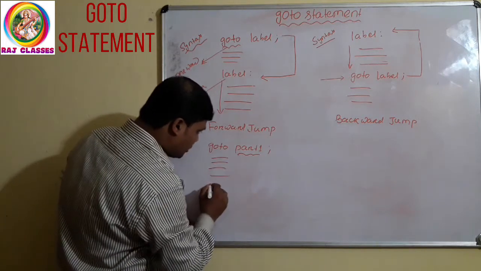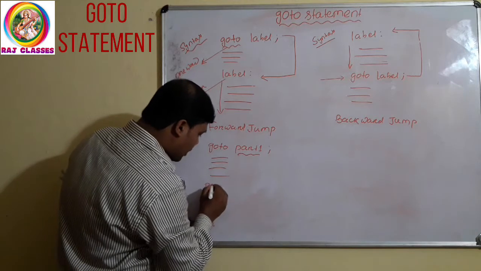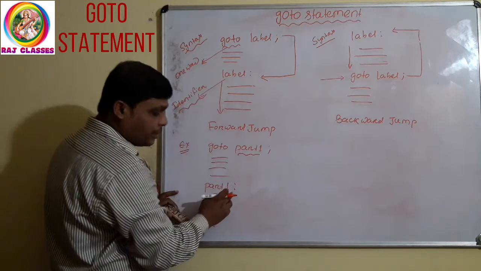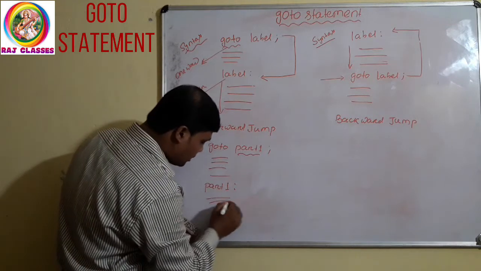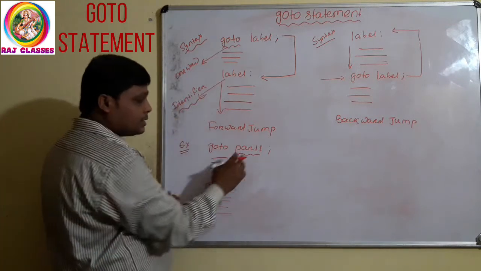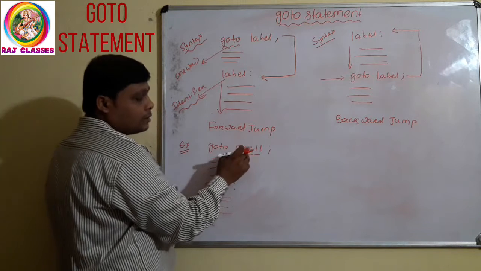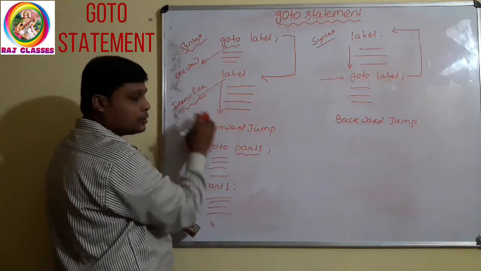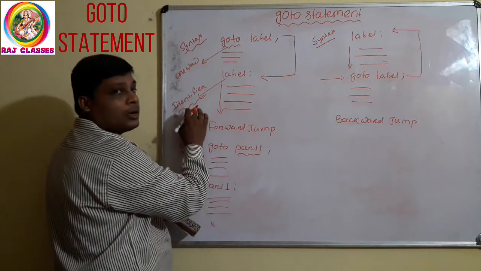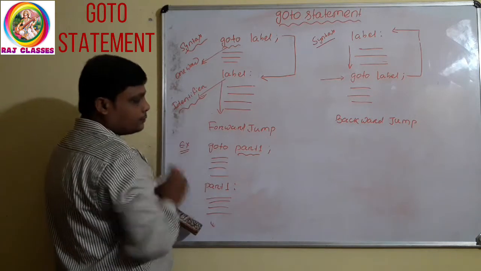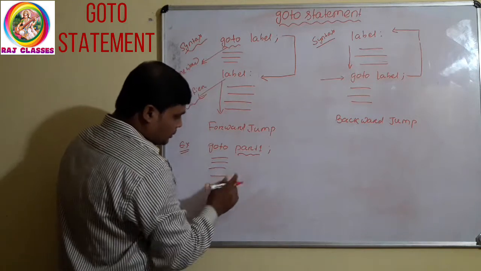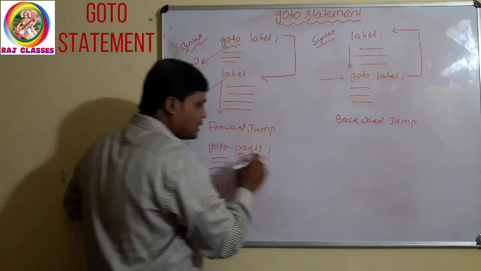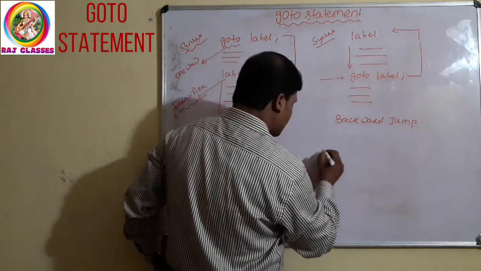And after that, this part 1 label is present with a colon. Then some statements are there. This part 1 should obey the rules of naming an identifier. Then this is one example of forward jump.